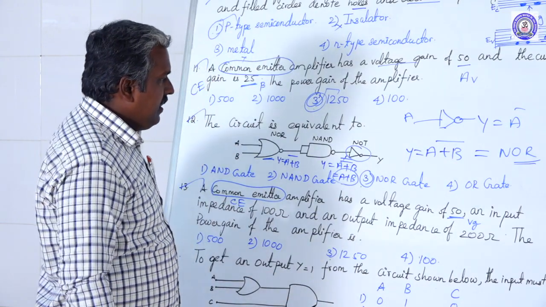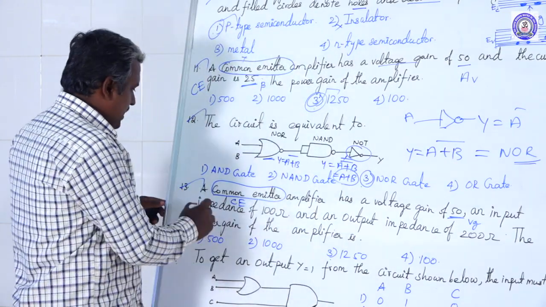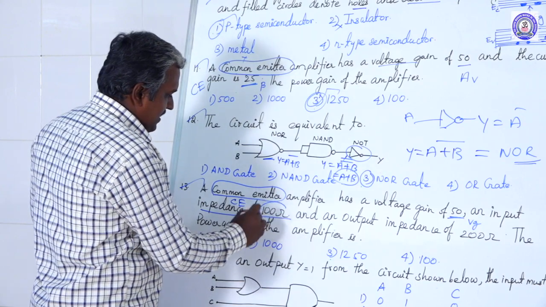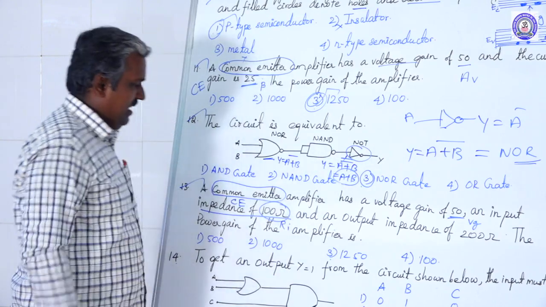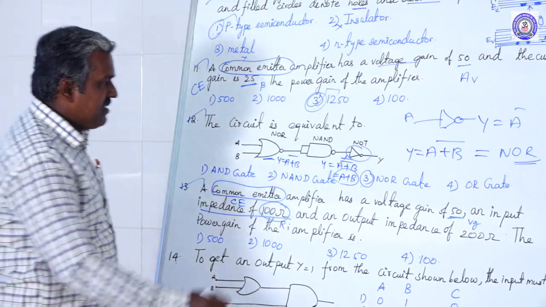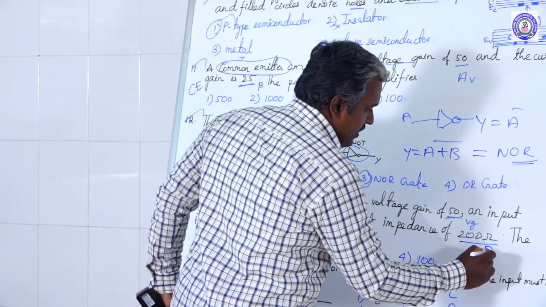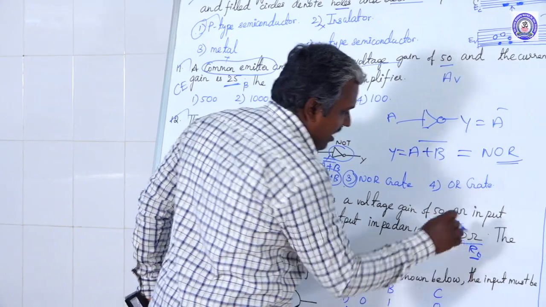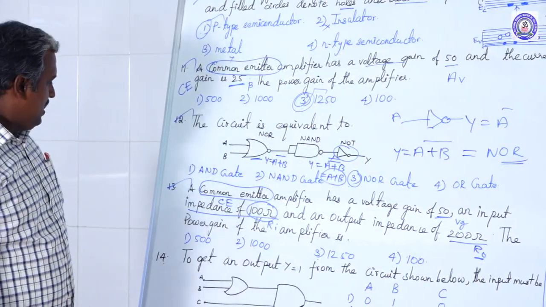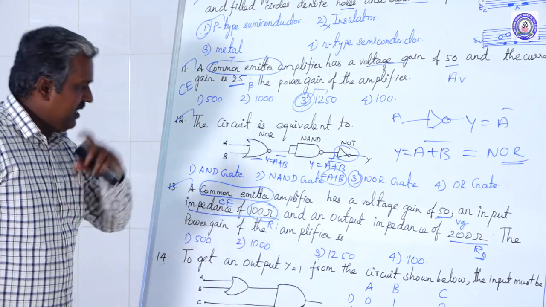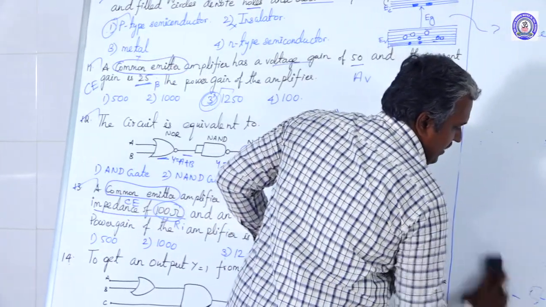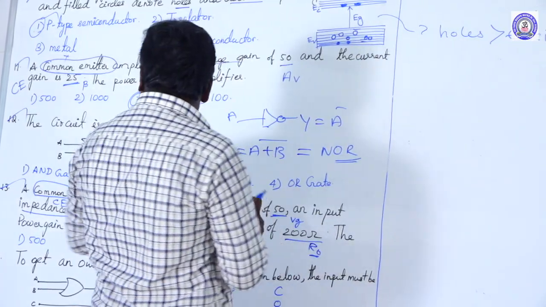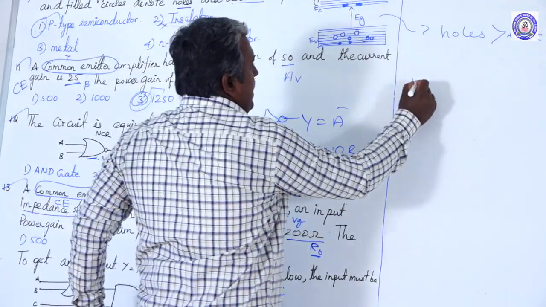An input impedance of 100 ohm, that is called R_i. And an output impedance of 200 ohm, that is simply denoted by R_o. The power gain of the amplifier is very simple. What is the power gain? Question number 13.